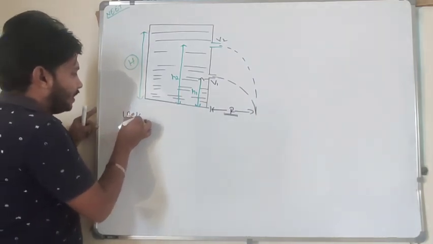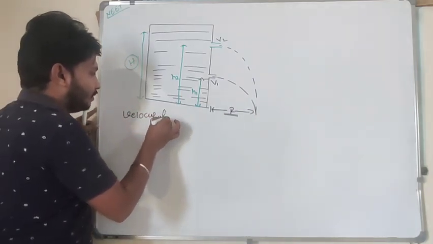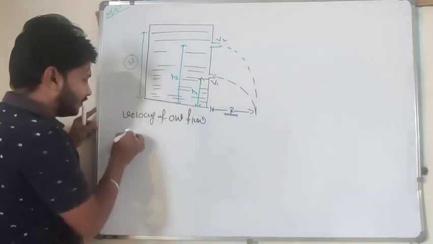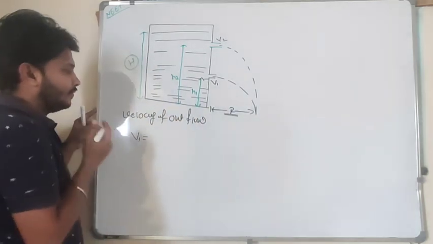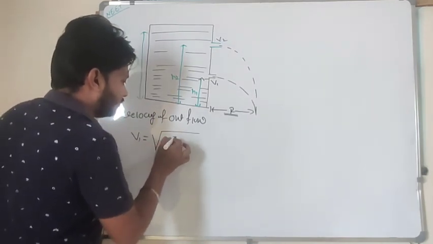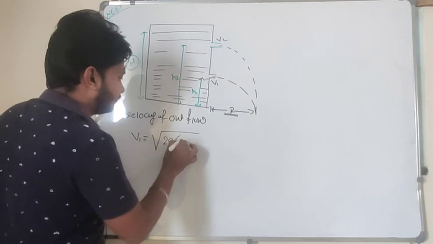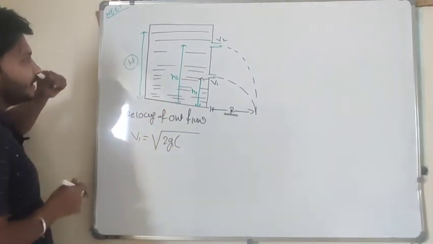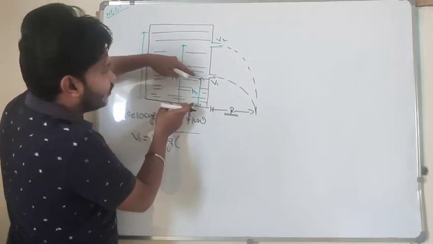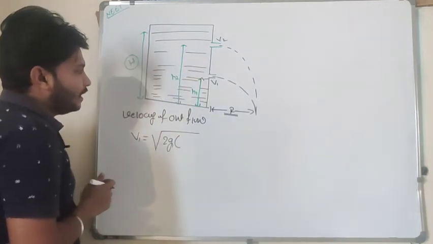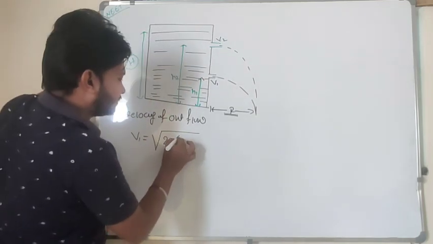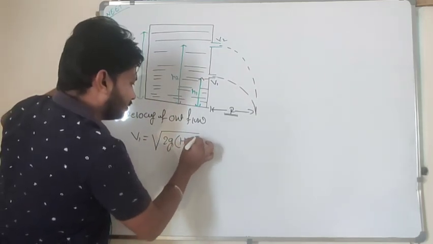Then the velocity of outflow, or simply the speed of efflux, V1 is equal to the square root of 2g times the remaining height. The total height of the fluid is H, the hole is at a distance of h1, so the remaining height will be H minus h1, right?